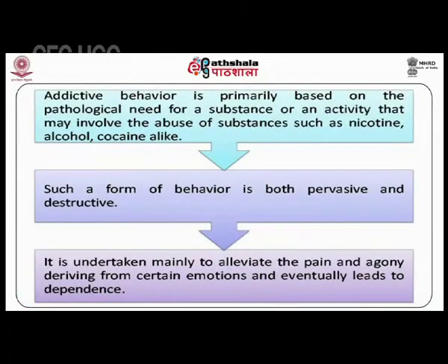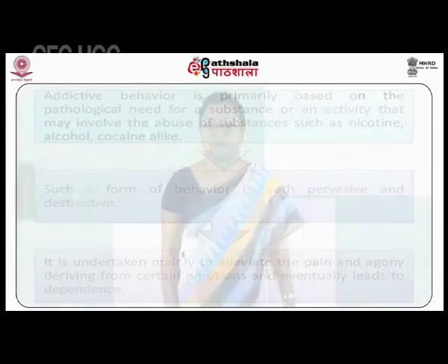Addictive behavior is primarily based on the pathological needs of a substance or any activity that may involve the abuse of substances such as nicotine, alcohol, cocaine and so forth. Such a form of behavior is both pervasive and destructive. It is undertaken mainly to alleviate the pain and agony deriving from certain emotions and eventually leads to dependence.